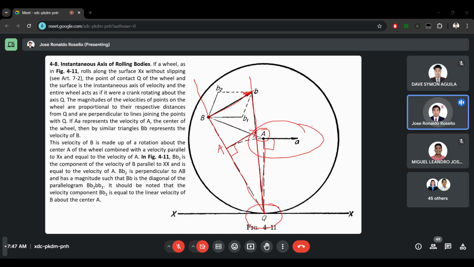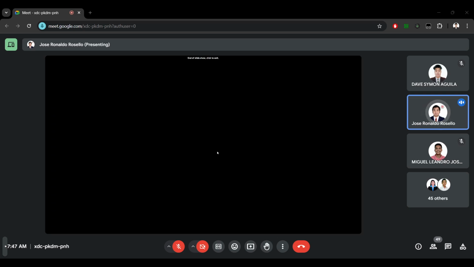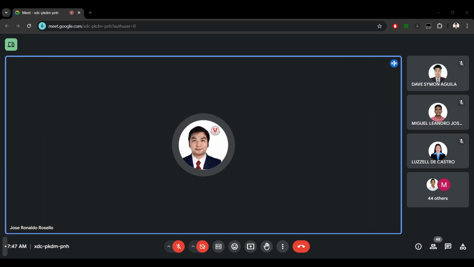So if we use the resolution and composition method, we will determine the components. But since we are using the instantaneous axis of velocity method, we won't need any more resolution for components. Okay, so let's go to the actual demo. How do we do it?